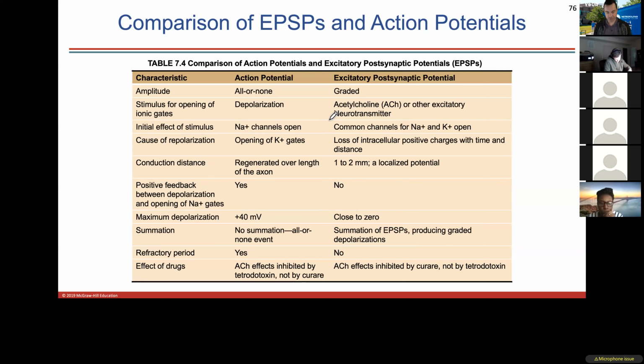With an action potential, these are sodium channels that cause the depolarization and the all or none response in the axon. With EPSPs, they're at the dendrite and the soma, the nerve cell body.